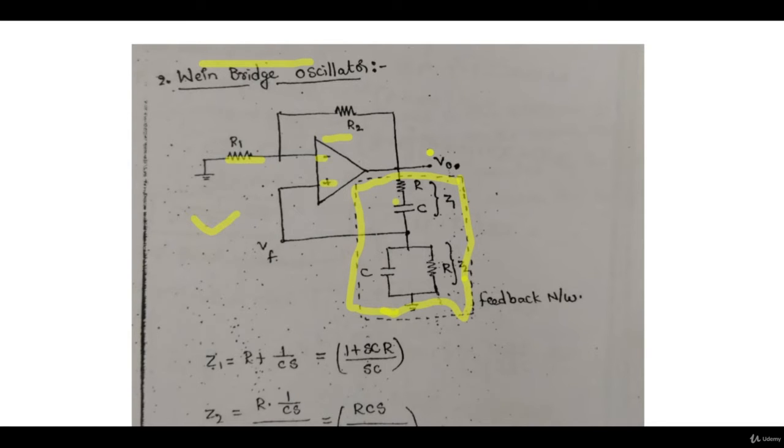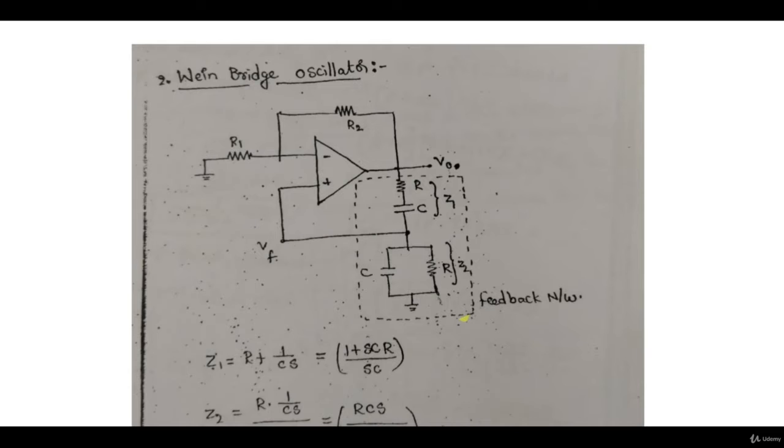R and C are in series, constituting the Z1 impedance, and then R and C in parallel constitute the Z2 impedance. Okay, so that is how we look at these two networks. Here we will be calculating only the voltage division.